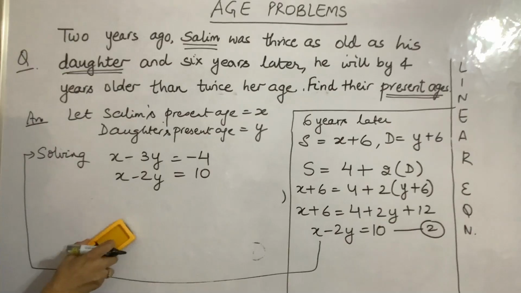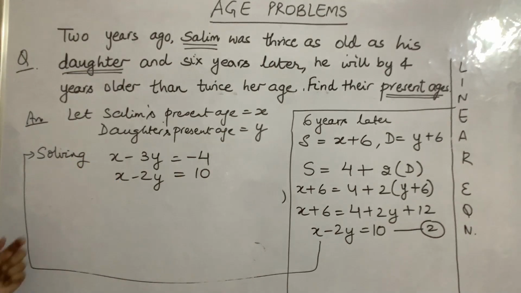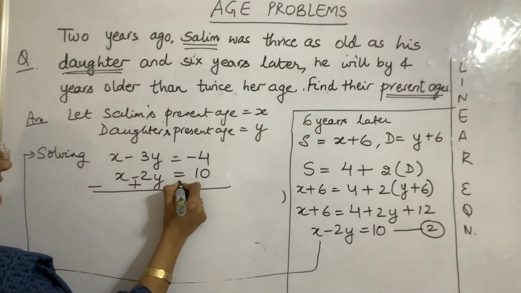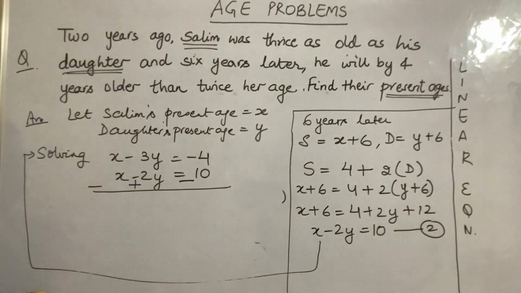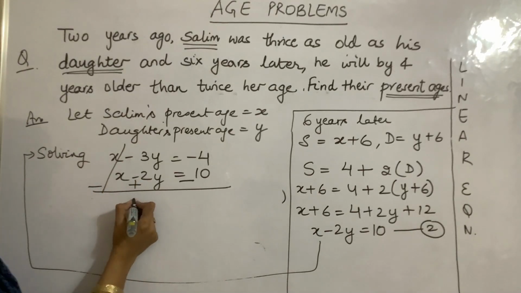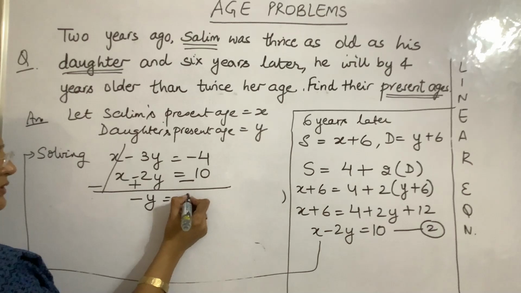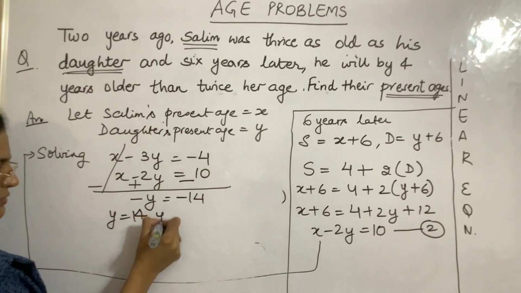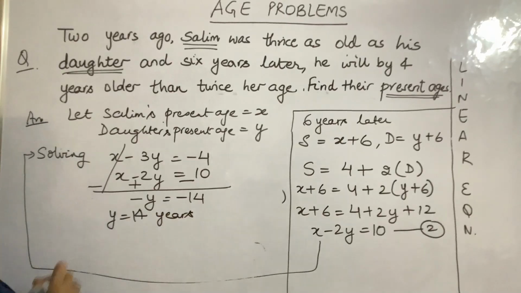We have both these equations and you can see that the coefficients of x over here are equal. So we will subtract these equations. This will cancel out. So you get minus y is equal to minus 14, or y is equal to 14 years.